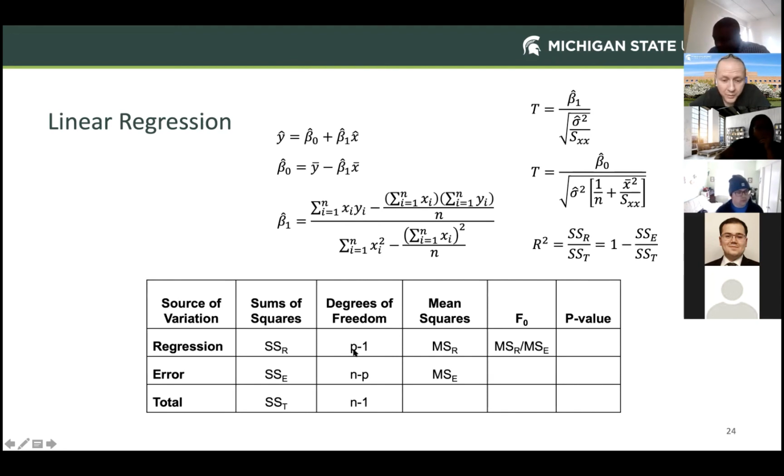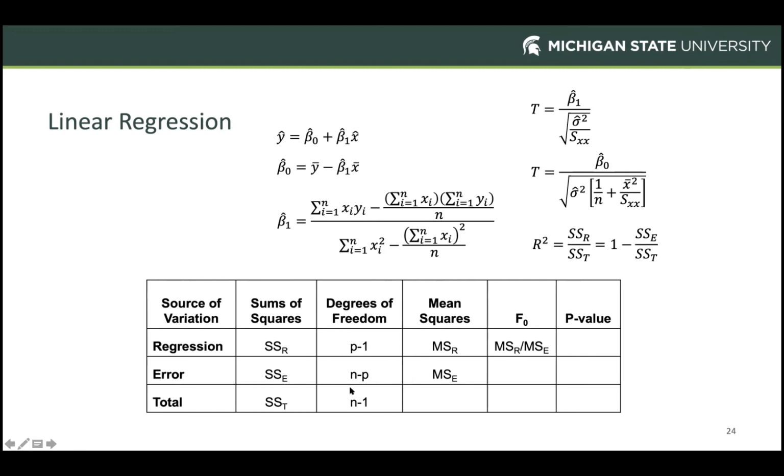For our degrees of freedom, P is our number of parameters in the model, and that would include our constant term. So in the simple linear regression case, we would have 2 minus 1, or 1 degree of freedom for regression. Again, we would have N minus P error degrees of freedom, and N minus 1 total degrees of freedom, calculating our mean squared regression over our mean squared error. That's how we would do it for simple linear regression.